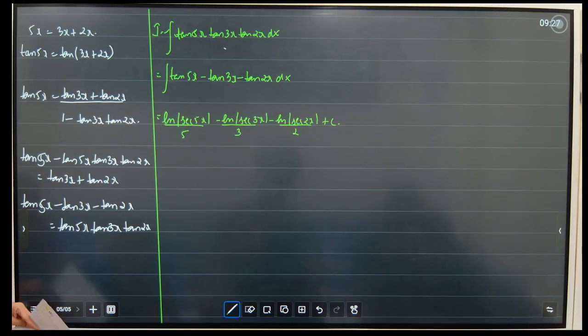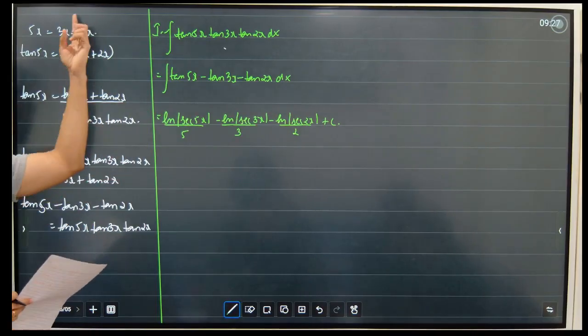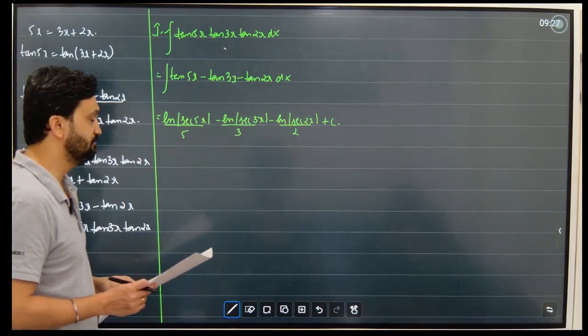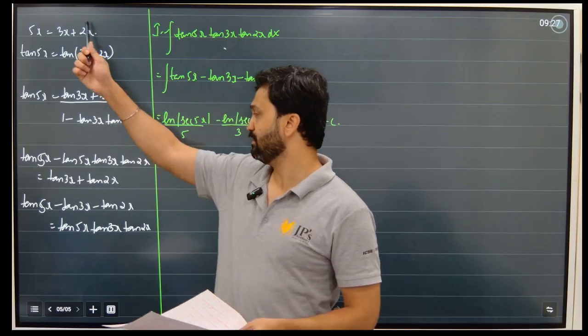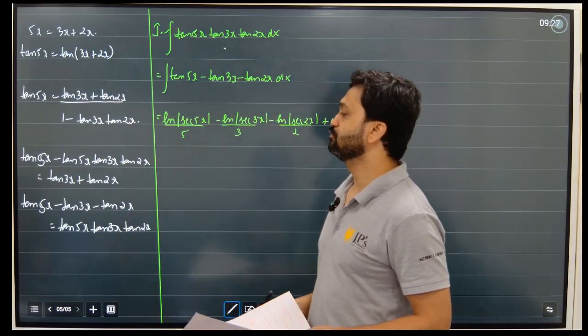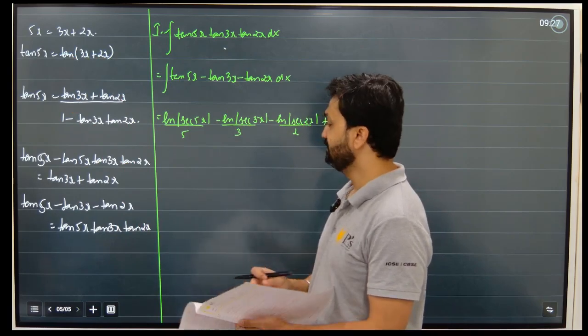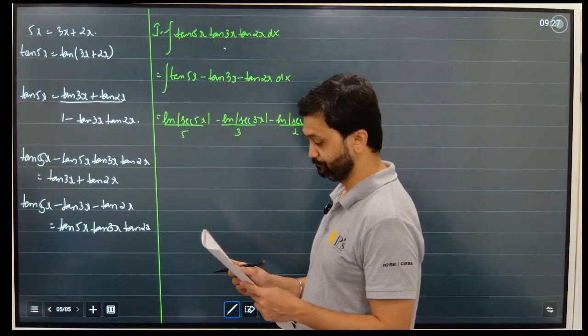This is how we approach the sum. This sum is cut in half because I already know this formula, that tan 5x tan 3x tan 2x in trigonometry will give rise to tan 5x minus tan 3x minus tan 2x. Has everybody understood this?